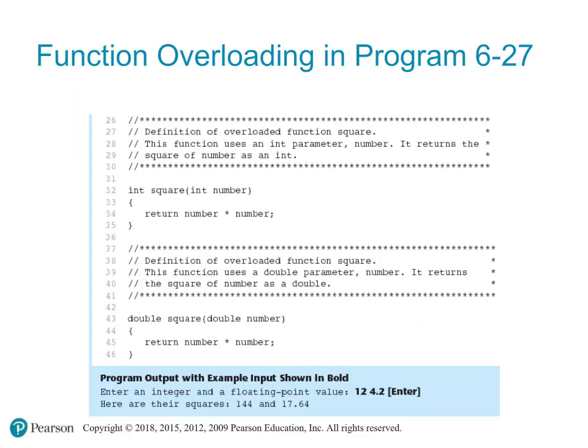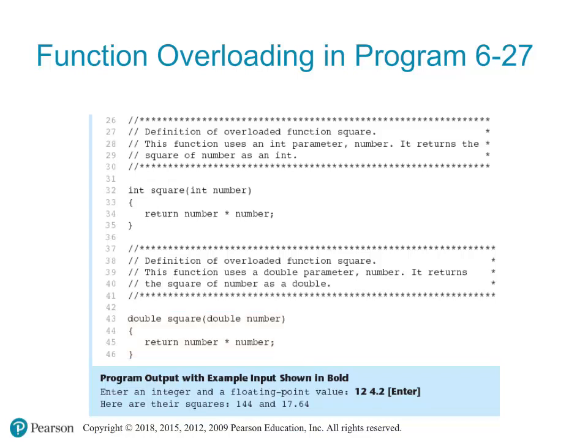In this slide, we look at the implementation of the overloaded square functions that work with both integer and double data types. The first version of square takes an integer argument and returns its square as an integer. This version takes a double precision floating point number and returns its square as a double.